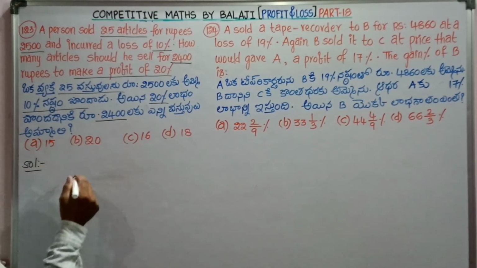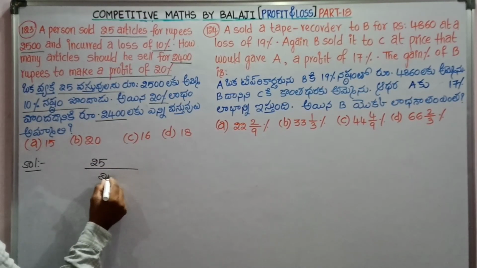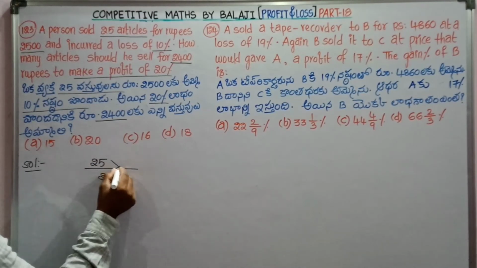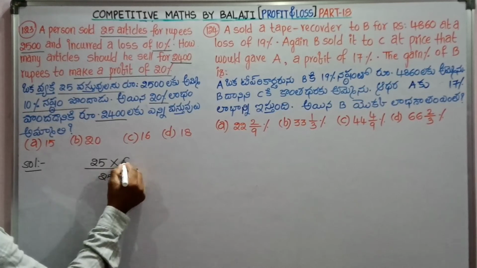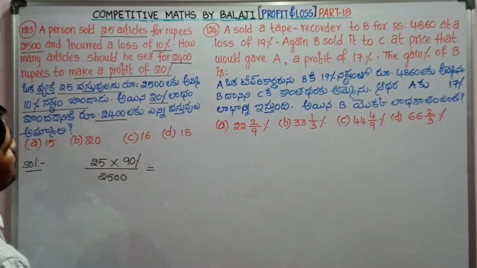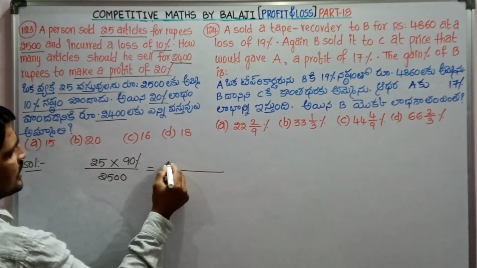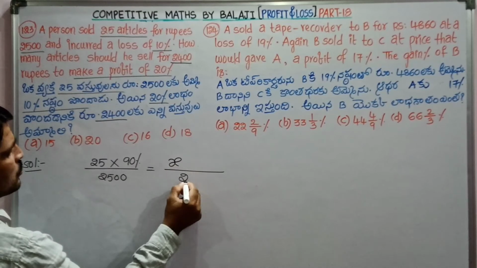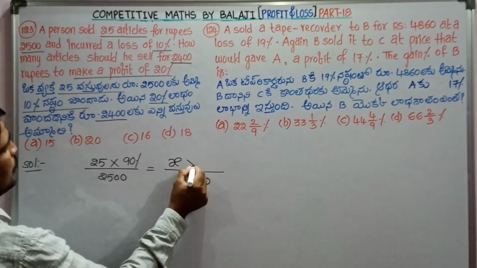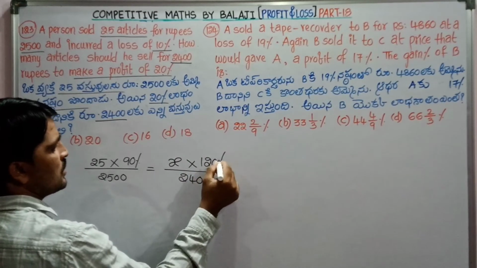A person sold 25 articles for rupees 2500 and he got a 10% loss. Then the effective percent is 90% only. How many articles should he sell for rupees 2400? Let us suppose X articles are sold for rupees 2400 to get 20% profit. That is, the effective percent in this case is 120%.